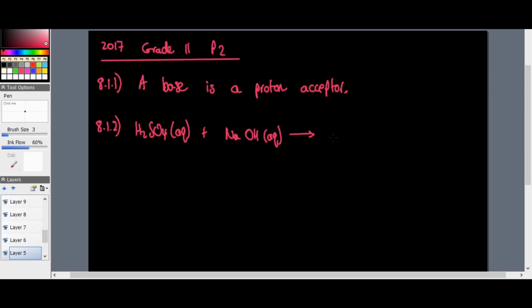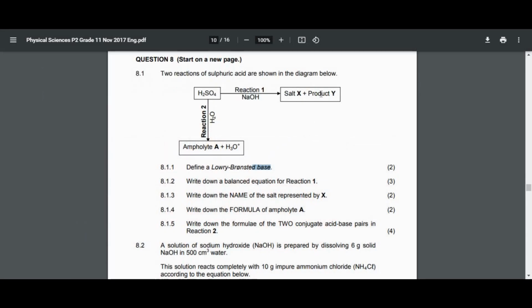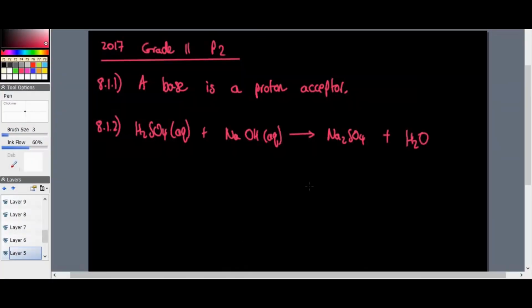This part is going to bond with this, and that's going to be Na2SO4 plus water. Water is actually the byproduct Y here, and sodium sulfate is the salt. Now I just have to balance the equation, so I'll use another color for the balancing.